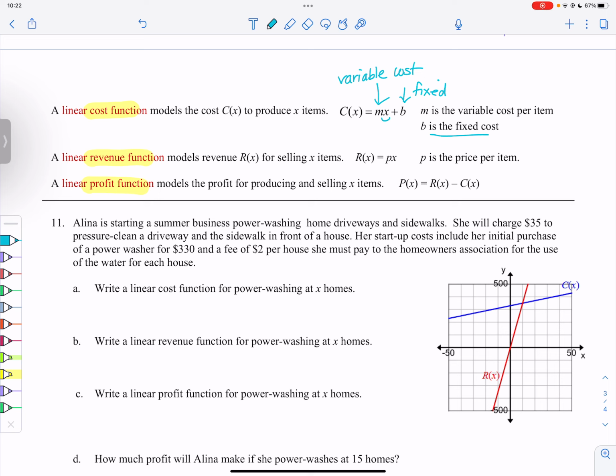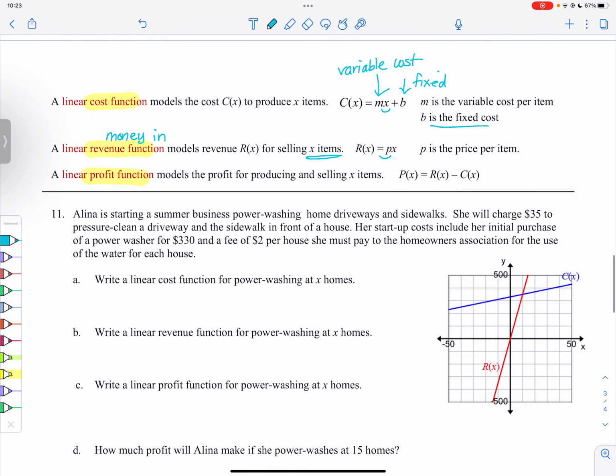Now, the revenue, that's the money coming in, is going to be the price of the item multiplied by the number of items, and that's x items. And if you want to know your profit, all you have to do is subtract the cost from the revenue.